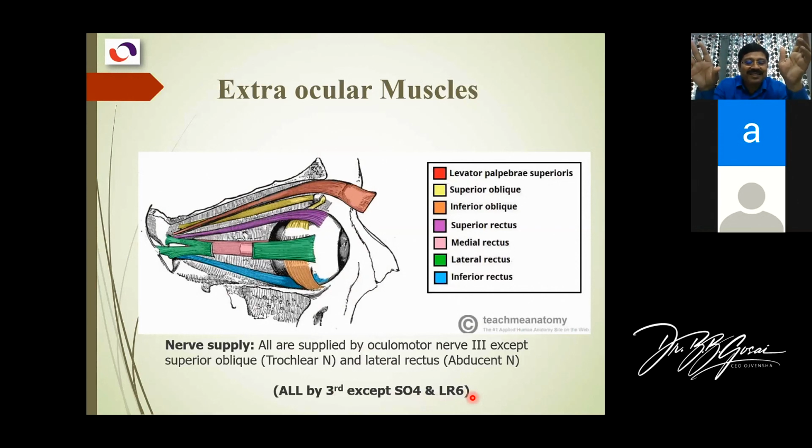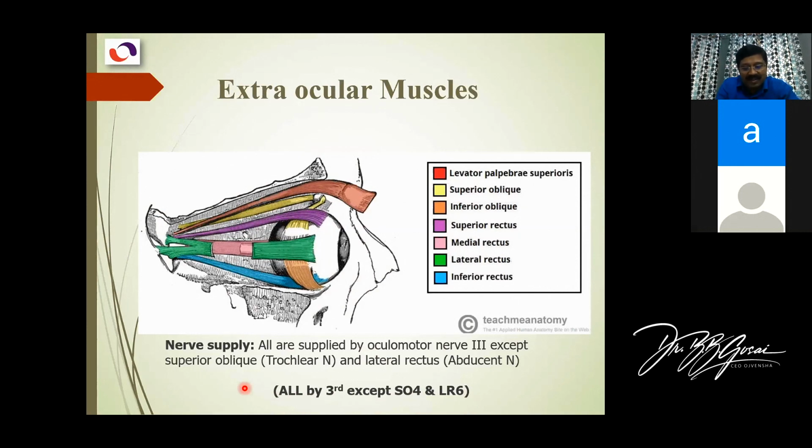Superior oblique by the trochlear, which is the 4th cranial nerve, and lateral rectus by the 6th cranial nerve, which is abducent. This is an important line for the nerve supply you can remember. It's very simple: all by 3 except SO4, LR6.